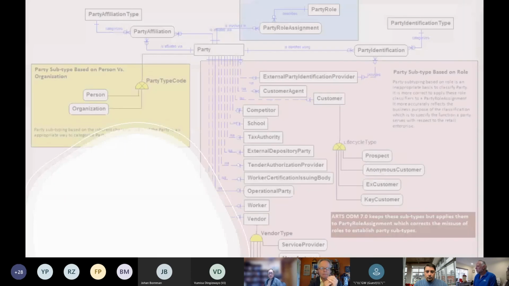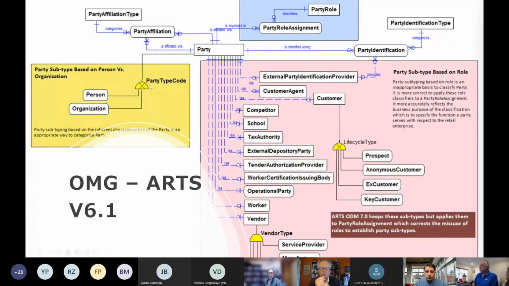And then this was the OMG. And notice, and I'm sure you guys will, I was a bit surprised when I first opened it up to see all of these things linked to the party. And then when I read a little bit further, he basically said 7.0 keeps the subtypes, but applies them to the party role association.